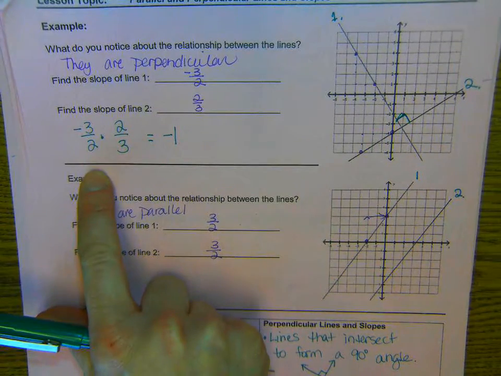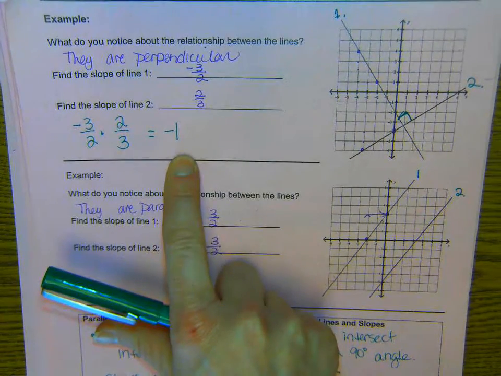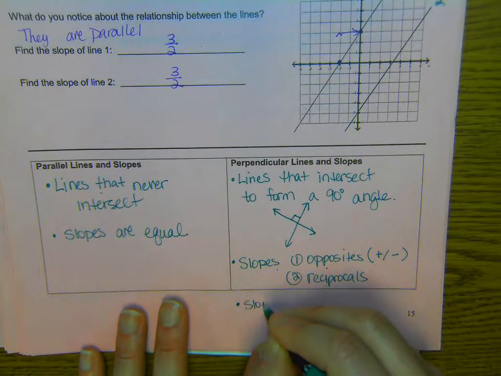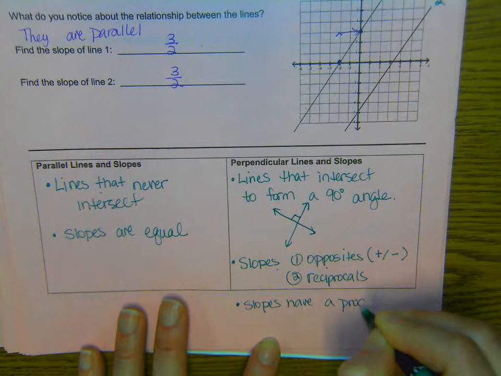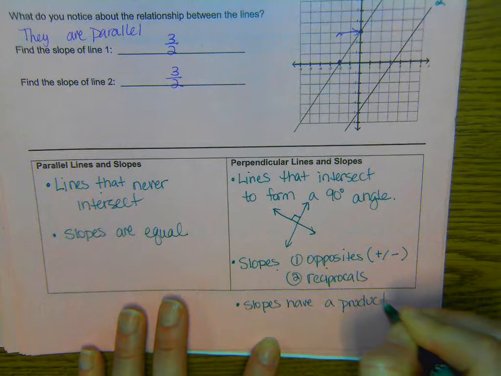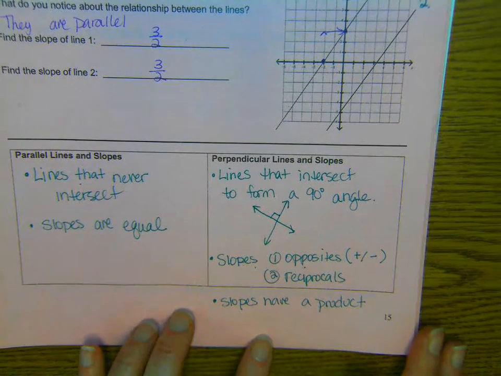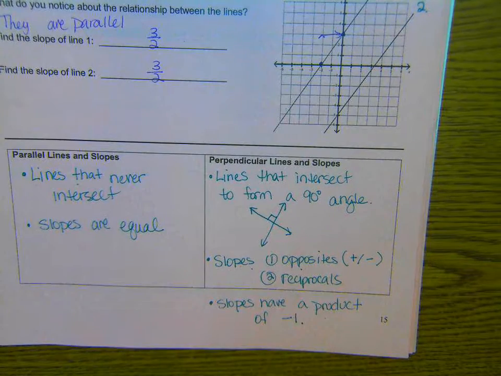We multiplied them, and what did we get? -1. So I'm going to write one more way you can check is that the slopes have a product. What does the word product mean? Multiplication. So slopes have a product of -1.